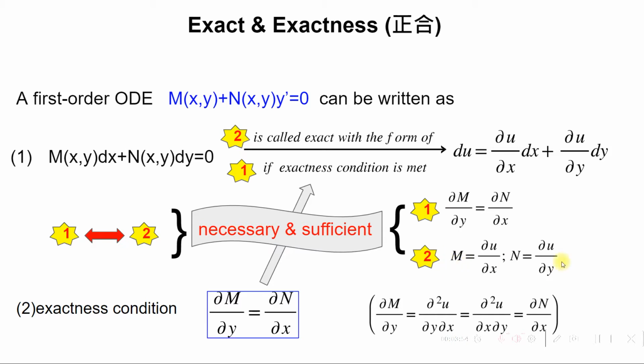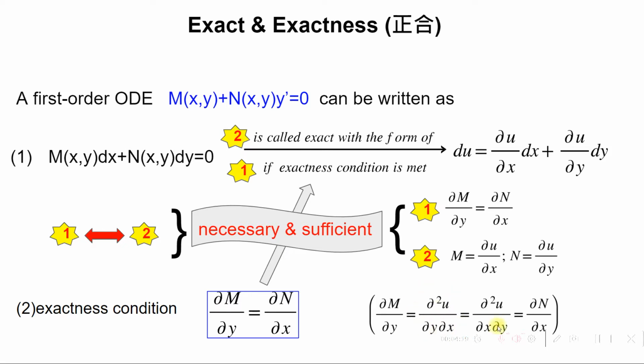Based on statement 2 and by observation, we can see that partial M over partial y is equal to the second derivative of u over partial y and partial x. And then by the assumption of continuity, the sequence of partial y and partial x is irrelevant for the second derivative of u.